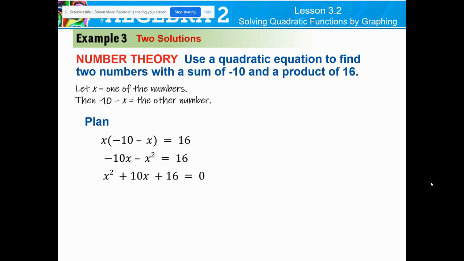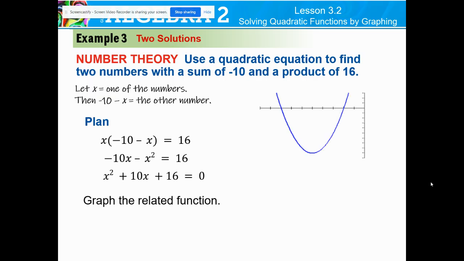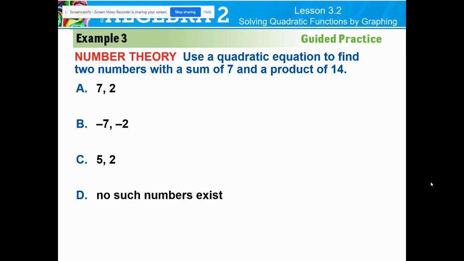Distribute, get it all on one side, and we're going to graph. Put in my graphing calculator. It does cross the x-axis in 2 places, and that's at negative 8 and negative 2. So negative 8 and negative 2 add to negative 10, and they multiply to be 16.